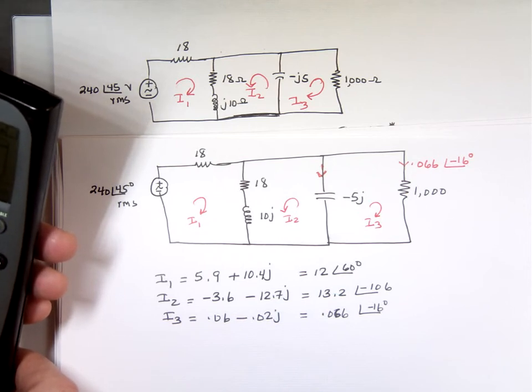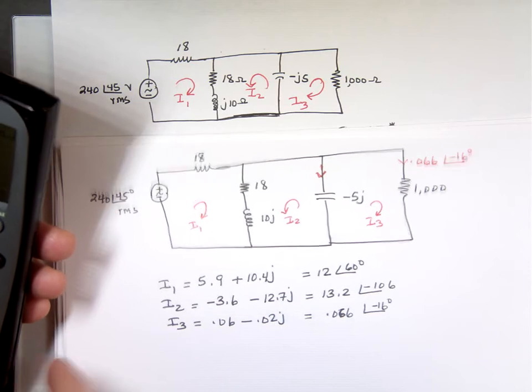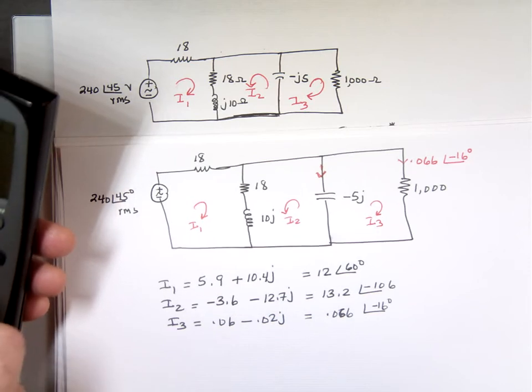Did you say negative 60? Plus 60. Okay. I see I have an extra set of parentheses here. I can do this.